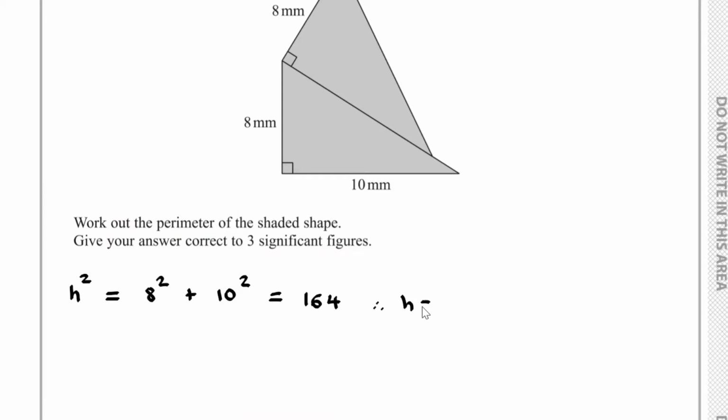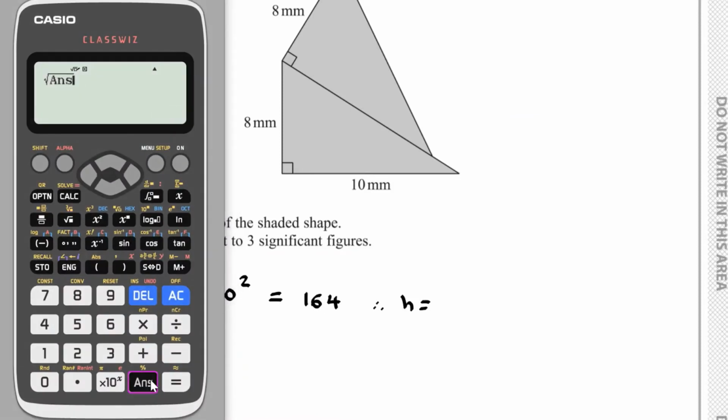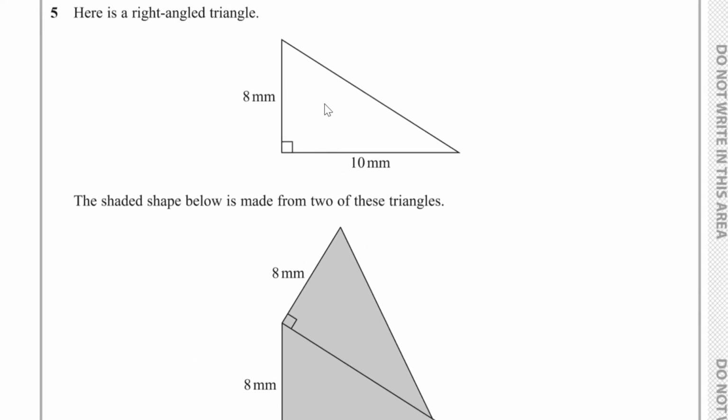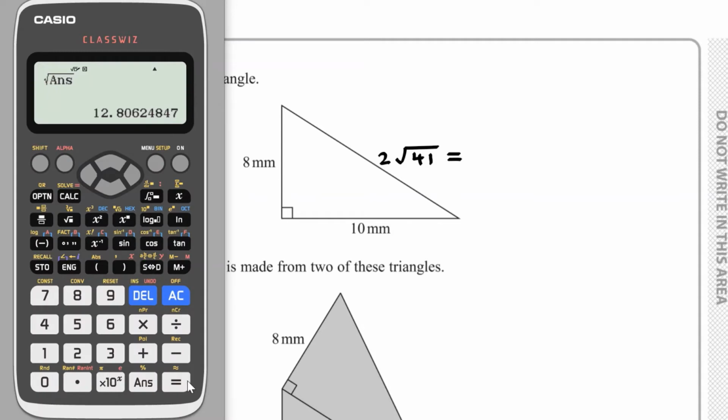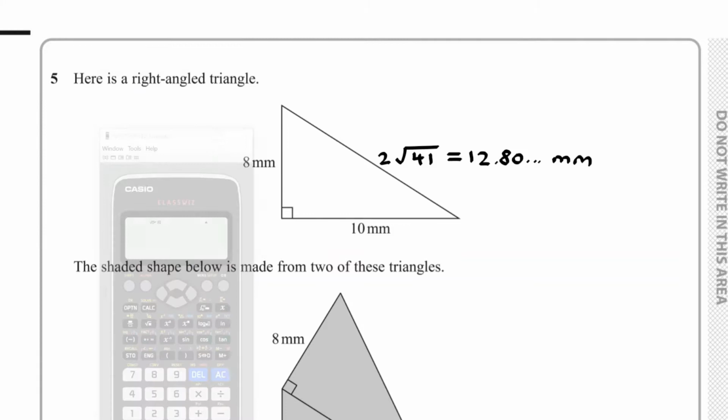And so therefore the hypotenuse h is equal to the square root of this, which is 2 times the square root of 41. And if I work out the decimal equivalent, we have 12.80, etc. millimeters for the hypotenuse.